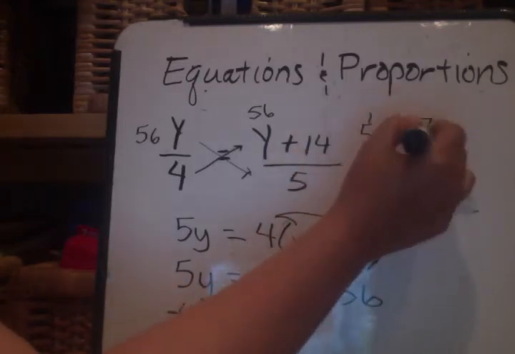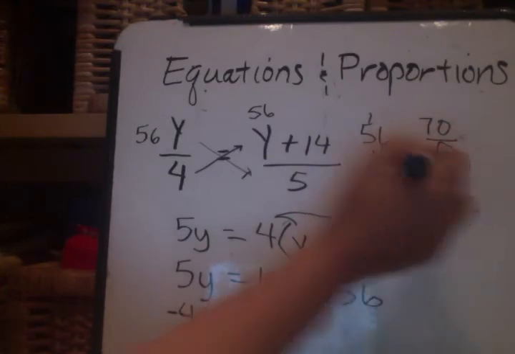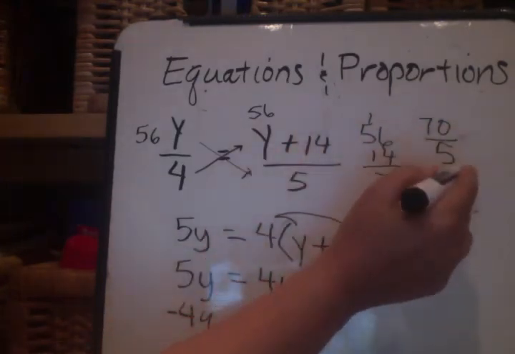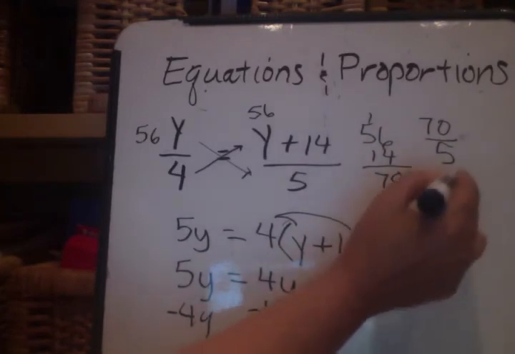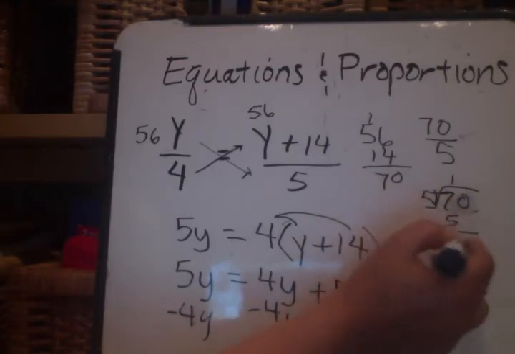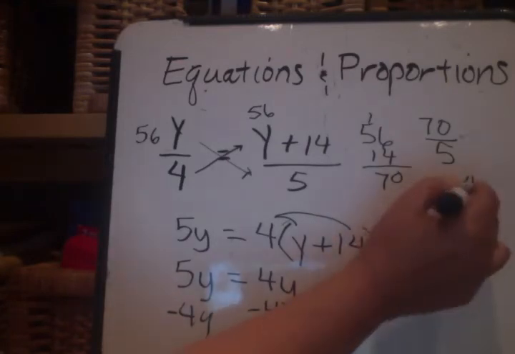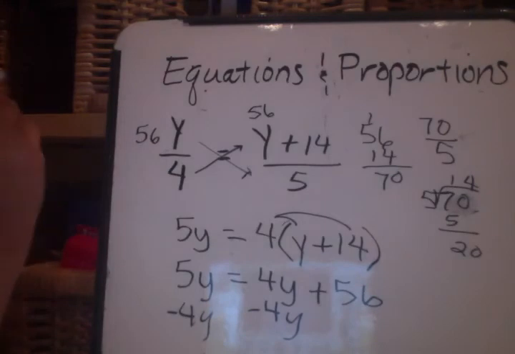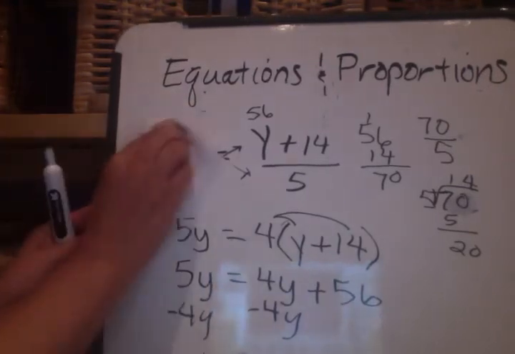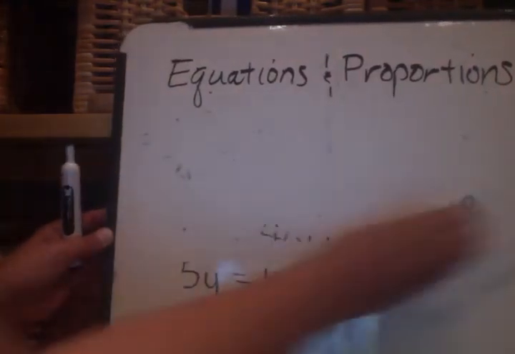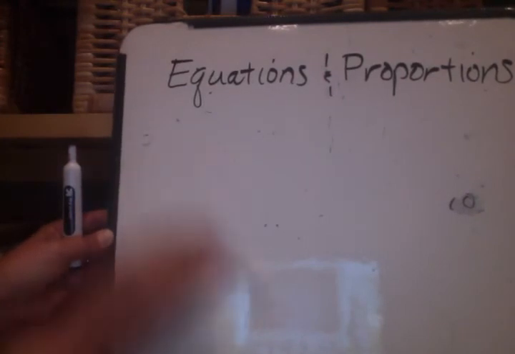And then 70 divided by 5, which is right here, is going to be also 14. So 14 equals 14. All right, I'll do another one.